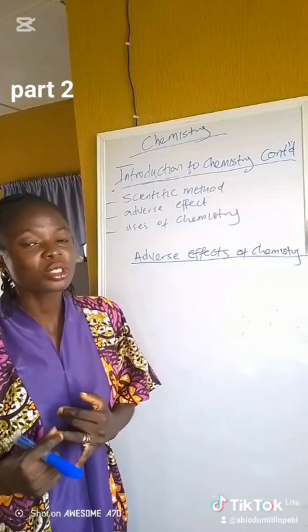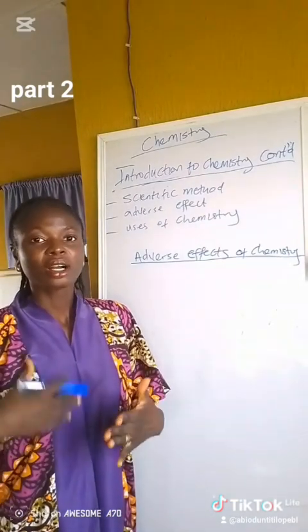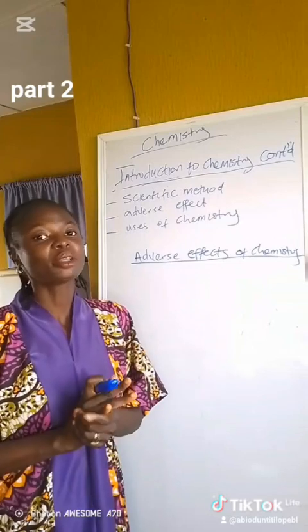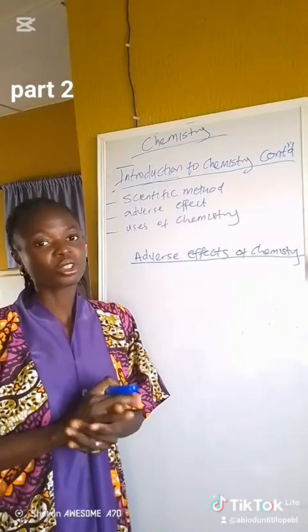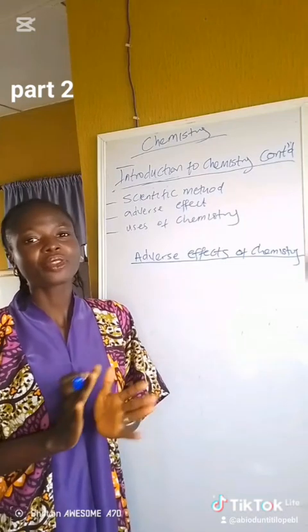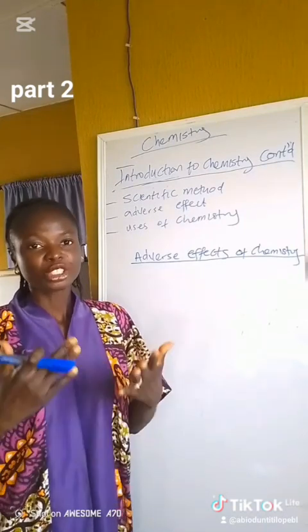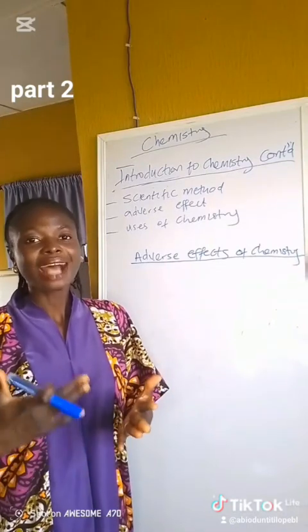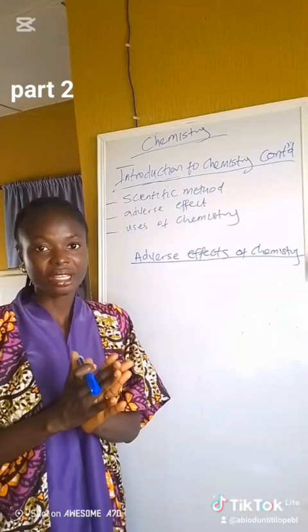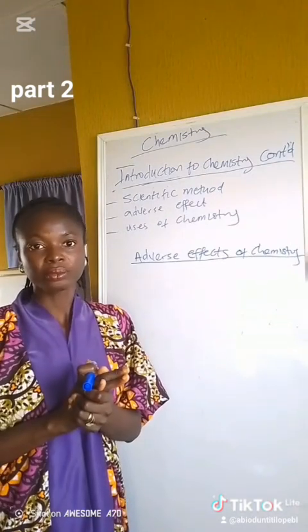Then number two is pollution. Yes, the development of chemistry has actually brought about pollution of the environment. Then number three is drug abuse. Due to the manufacturing of drugs, one of the harmful effects of chemistry is drug abuse.